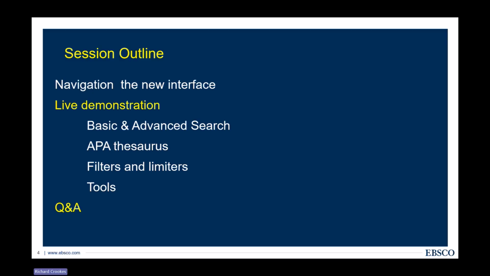Also, the application of filters and limiters, whereby you can focus your search results, including those available directly on the EBSCOhost platform, also those supplied by the APA for this database, and also the tools whereby you can save, cite, and retrieve records as well, and also provide you with the opportunity to ask questions at the end if you have any outstanding. So I may leave some of the questions till the end.